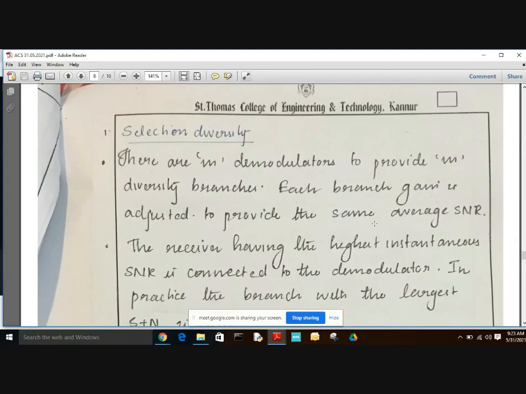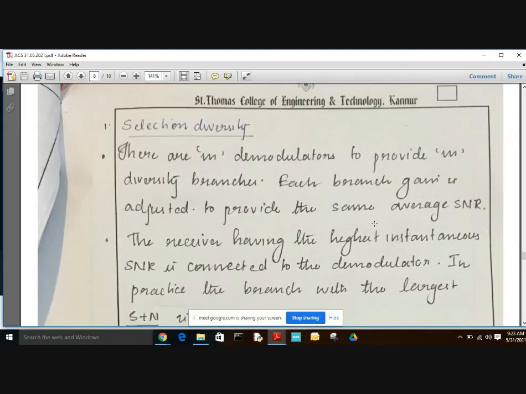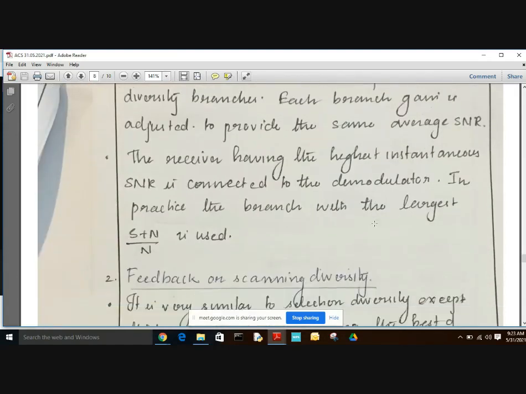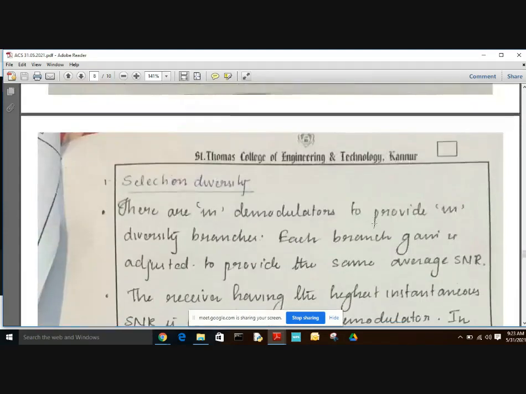From these M diversity branches, the receiver having the highest signal to noise ratio is connected to the demodulator. So in practice, the branch with the largest (S+N)/N, that is, the largest average signal to noise ratio, is connected to the demodulator. That is selection diversity.